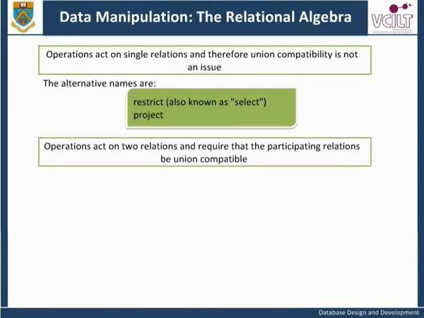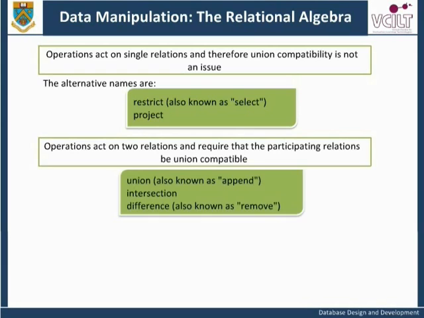The next operations act on two relations and require that the participating relations be union compatible. The operations union and intersection may be used with more than two relations. Union, also known as append. Intersection. Difference, also known as remove.